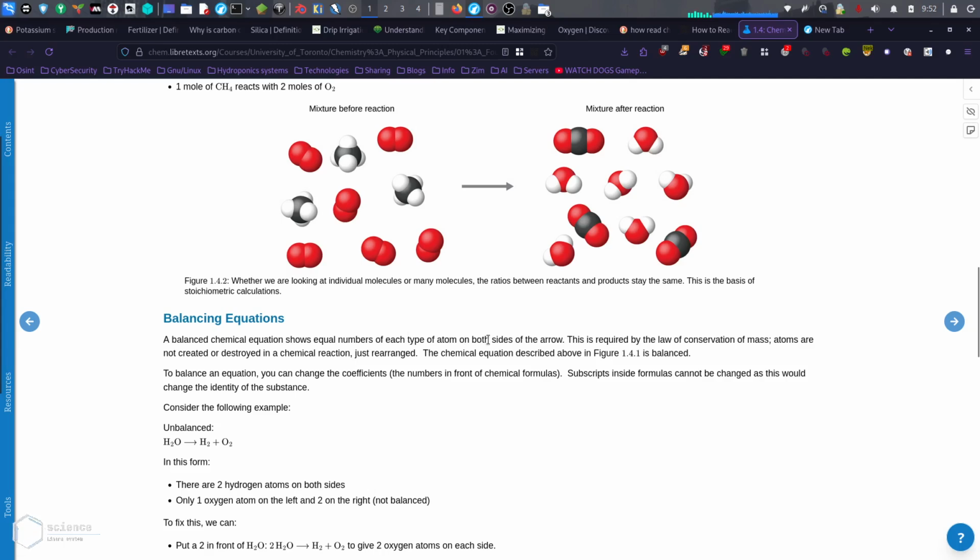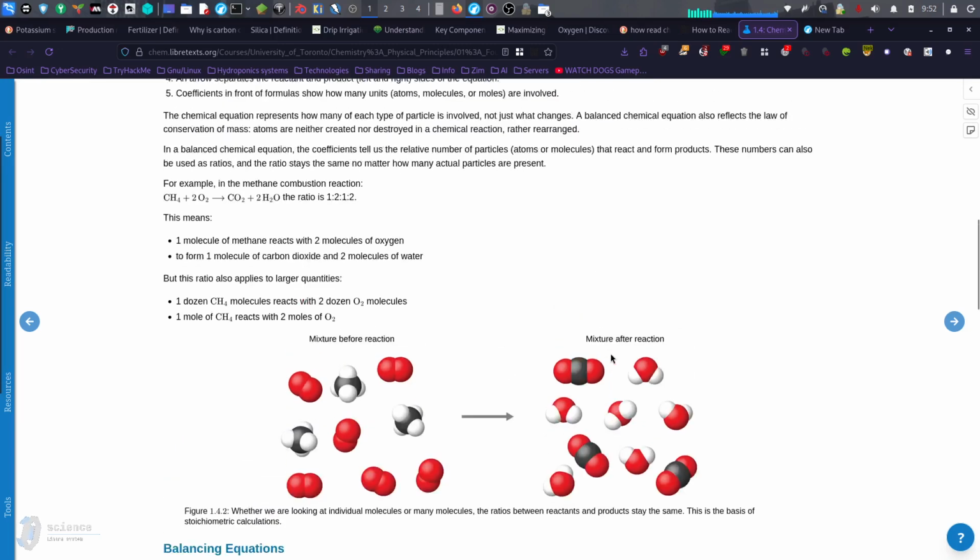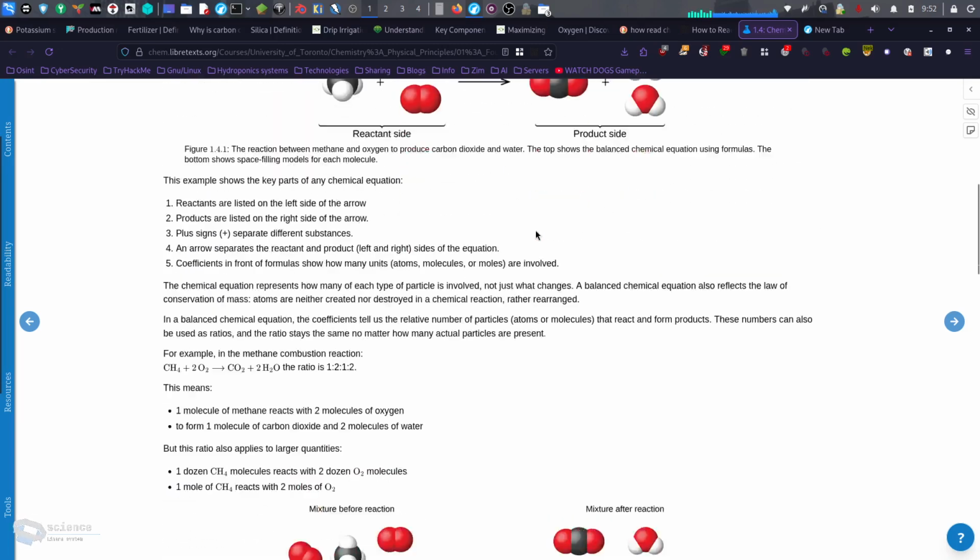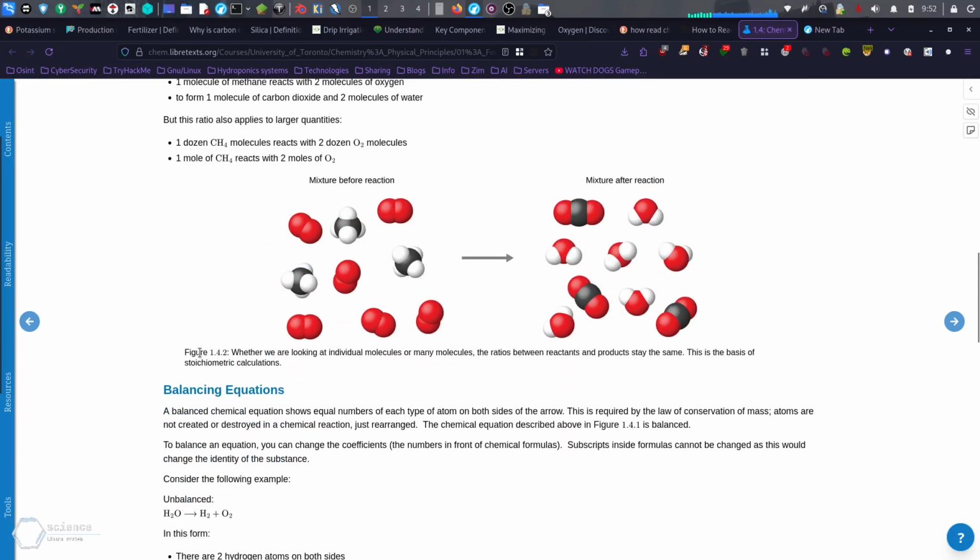The chemical equation described above is balanced. Whether we are looking at individual molecules or many molecules, the ratios between reactants and products stay the same. This is the basis of stoichiometric calculations.